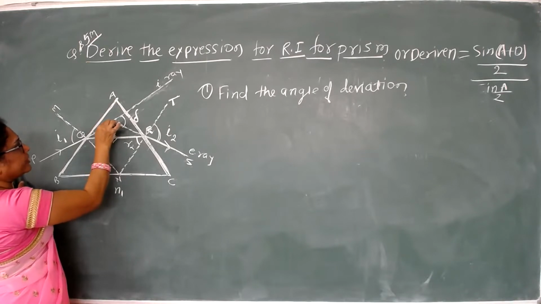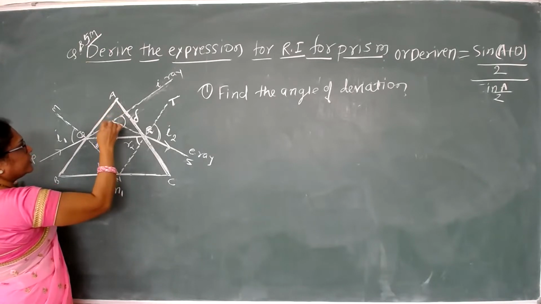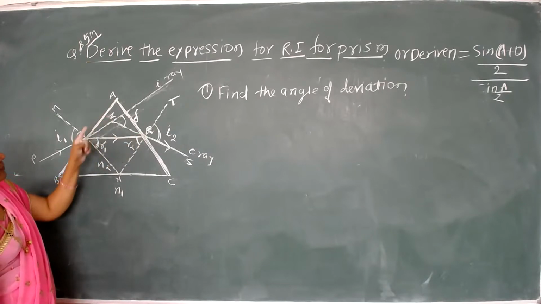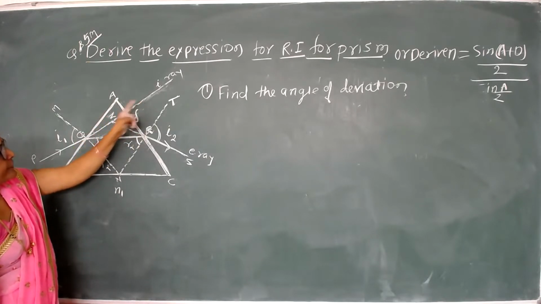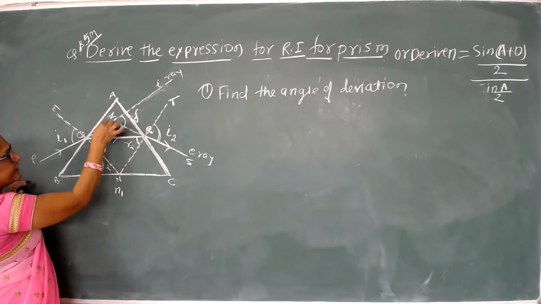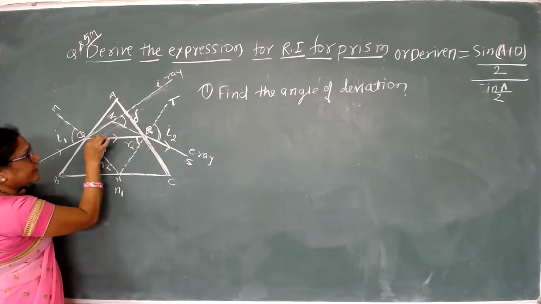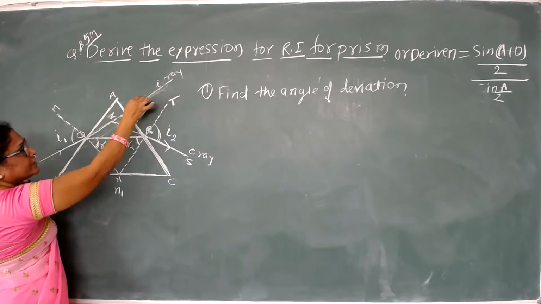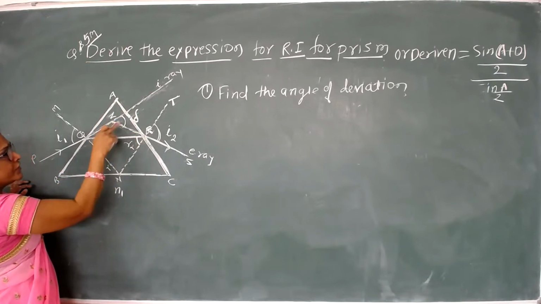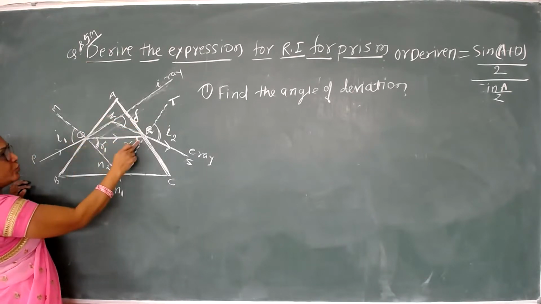Suppose this perpendicular is Z. We draw a perpendicular on this line. Then see the triangle QZR. In this triangle, this angle delta is the exterior angle. This angle is an exterior angle for the triangle ZQR.